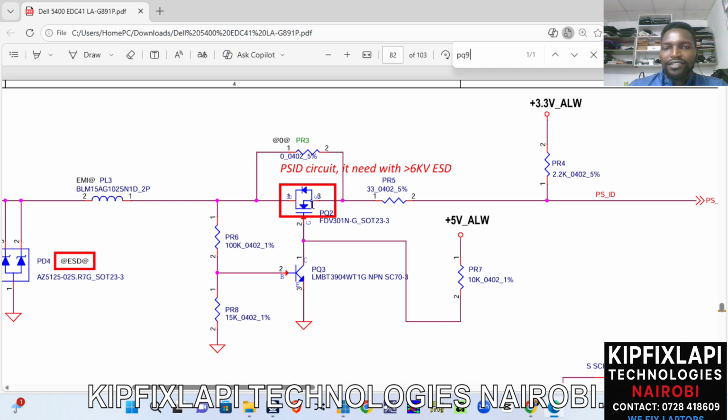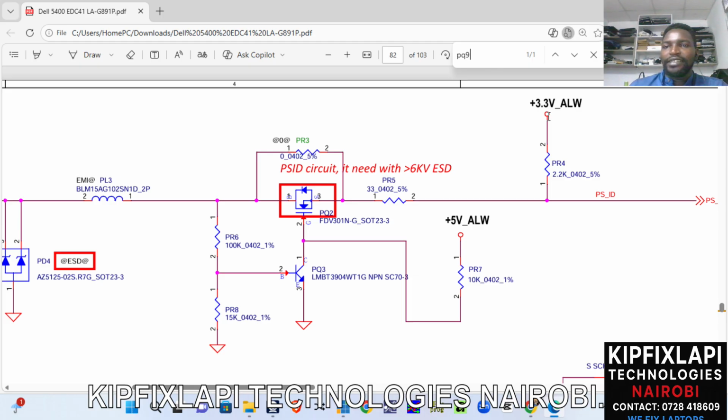Then after the output of this MOSFET, we will have that line going past this resistor of 33 ohms, which has 5% error. And then it branches here to another resistor, which checks power going past here. And this is plus 3.3 voltage always, which goes into the SIO.